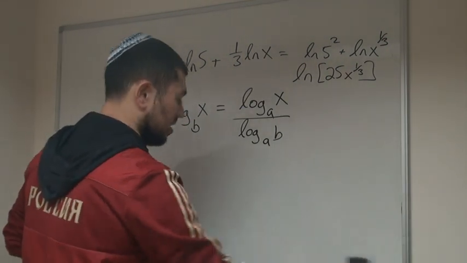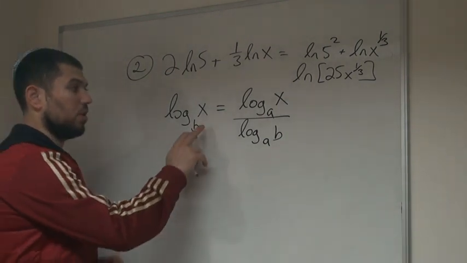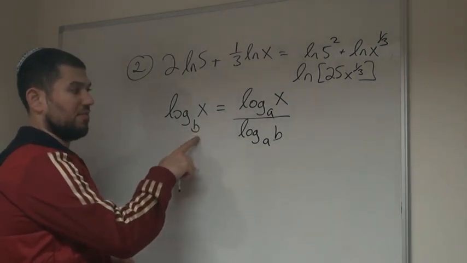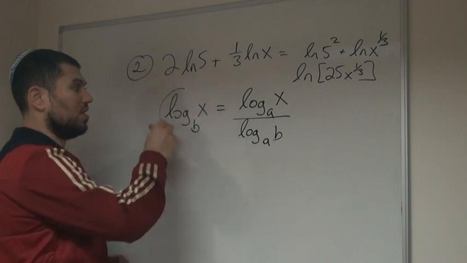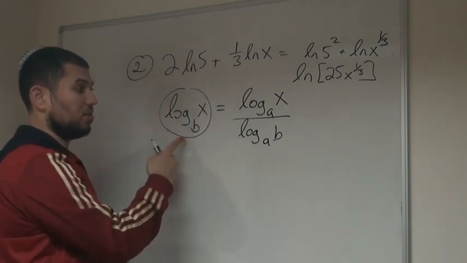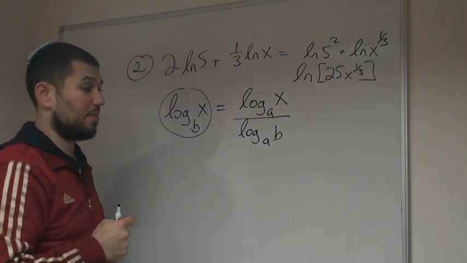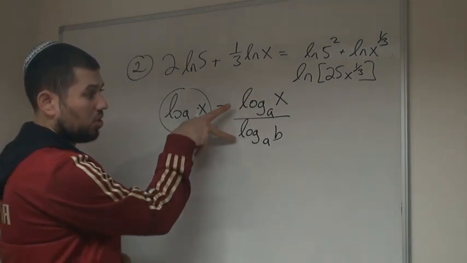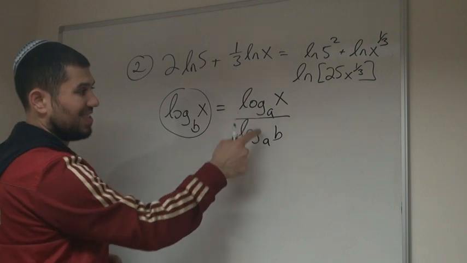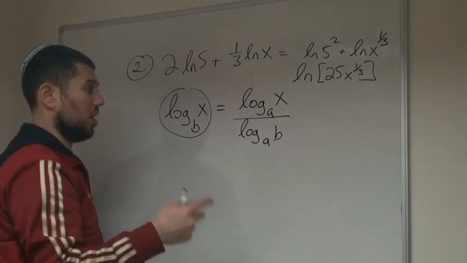Basically what this is telling us is that regardless of the base that I have, I can turn this log function into a fraction with a log in the numerator and denominator. As long as those two logs have the same base, we're okay.